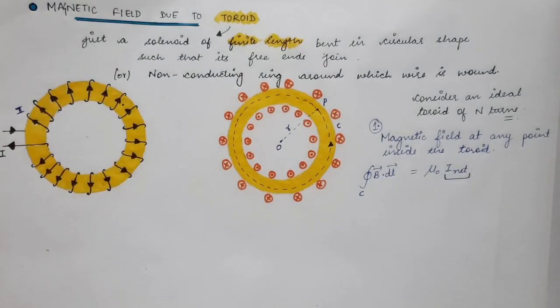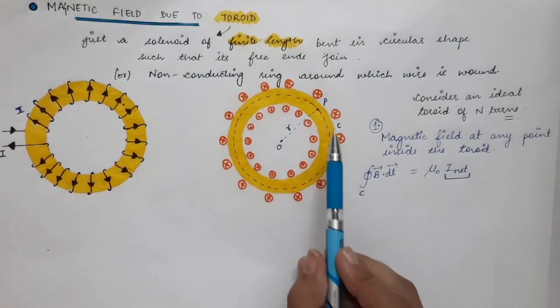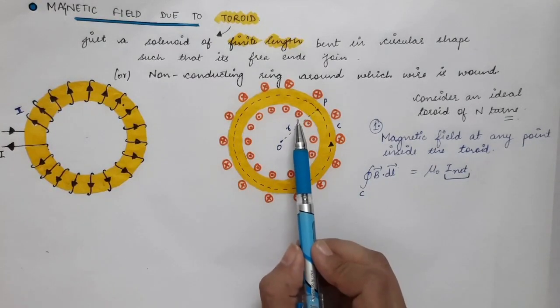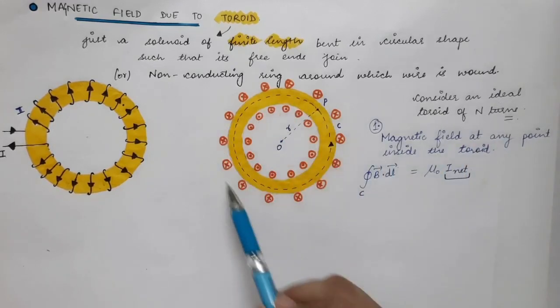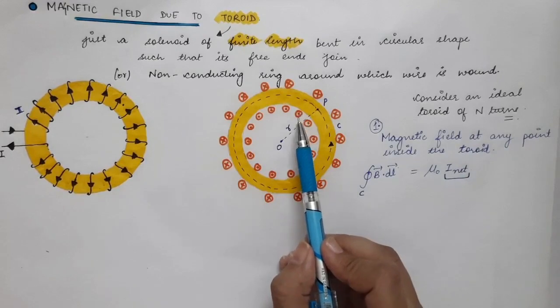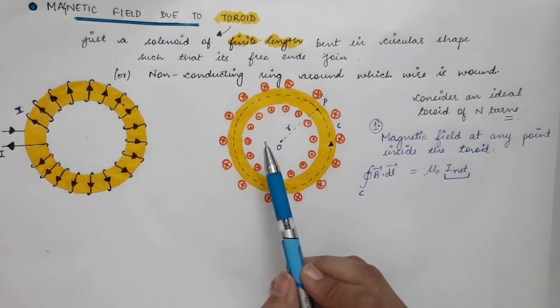Now how to find the net amount of current which is enclosed by this closed path? For that you can easily see that for N turns in this whole toroid, what are the number of turns which are crossing this closed path?